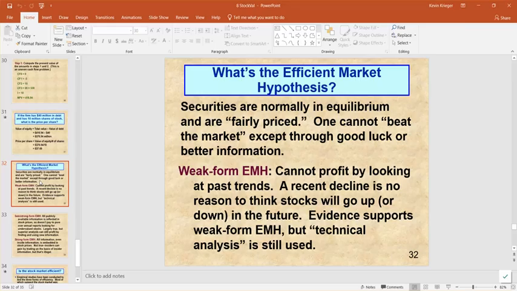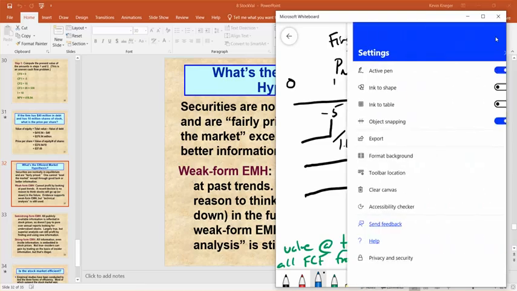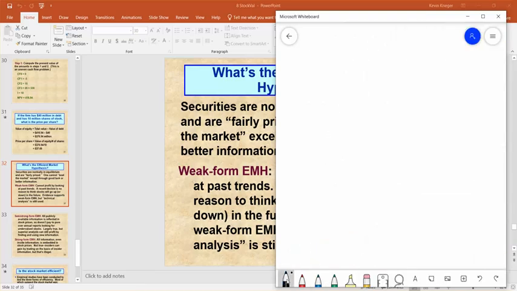If the price is today $37.69, I'm not going to be able to look at past trends, and in particular, with weak form efficient market hypothesis, we tend to think of numerical type data, like what the price itself has done in the past. Weak form efficient market hypothesis is usually tied to numerical type information. I should say that too for you.